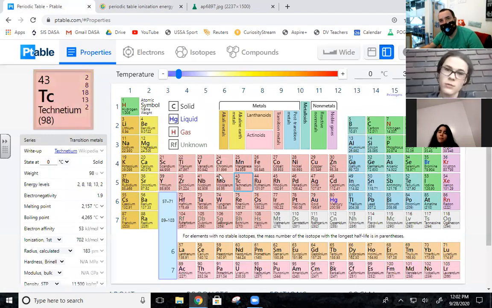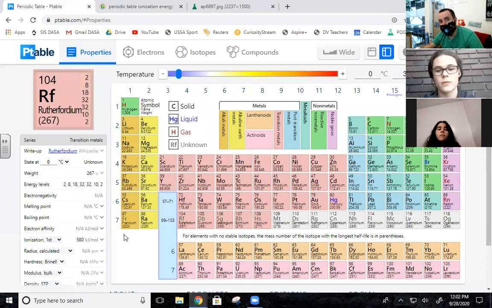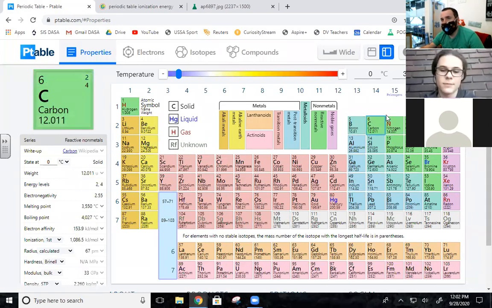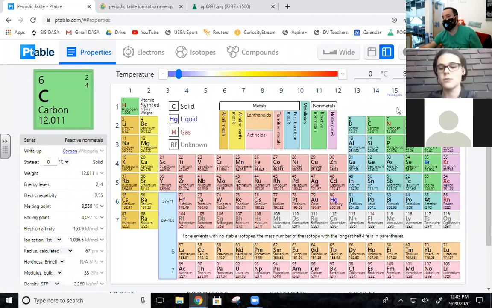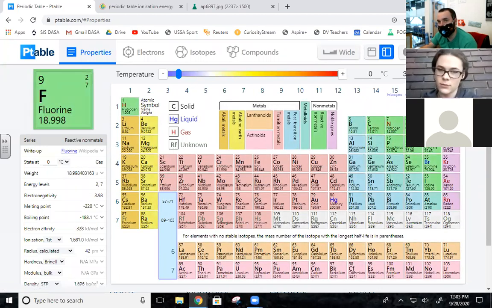Ionization energy goes up as you go right and up as you go up, right? Electronegativity is the same way. It is the same trend line, okay? So electronegativity is highest in fluorine.